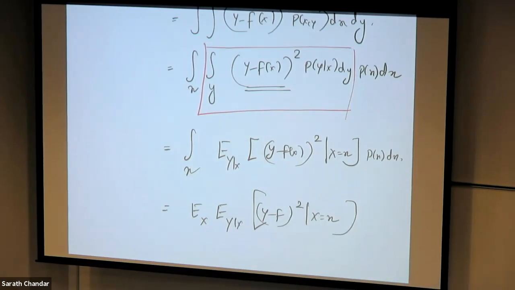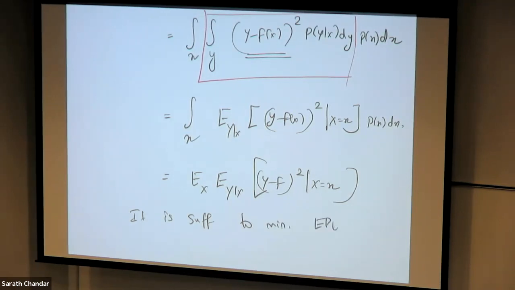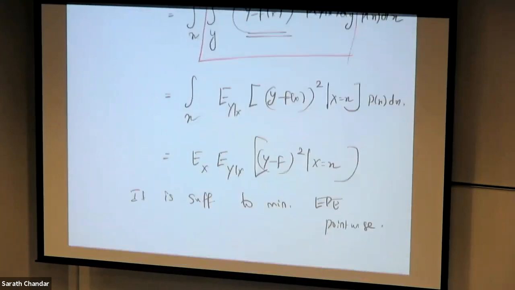It is sufficient to minimize the expected prediction error point-wise. It means that I don't need to worry about this expectation with respect to x. I can drop it.